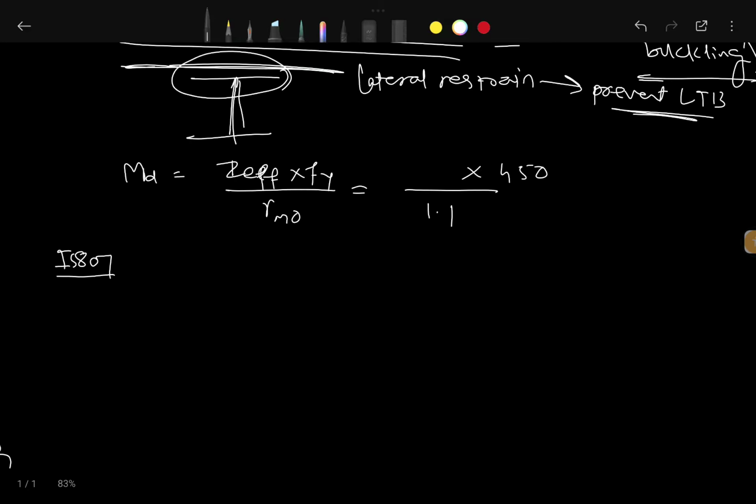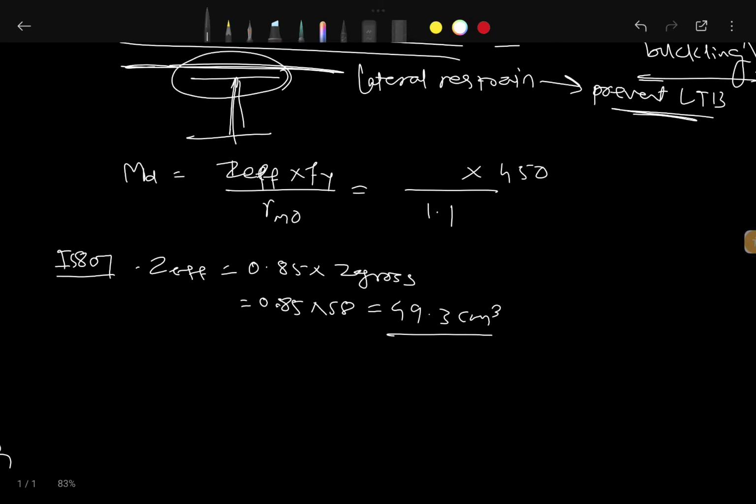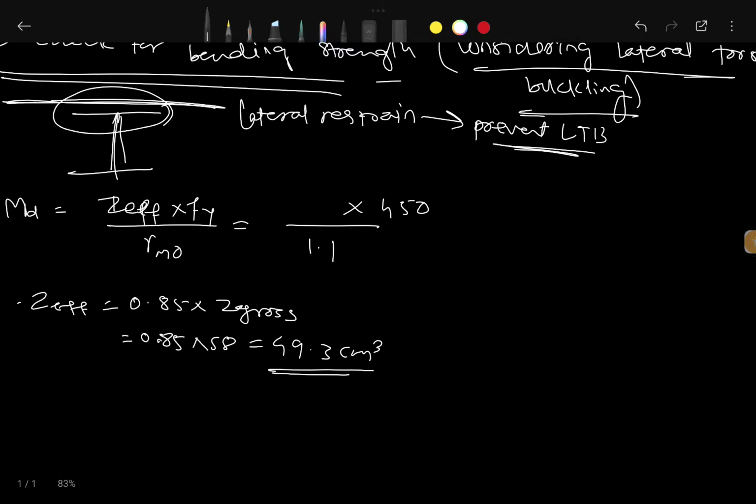For this example, let's assume from detailed calculation Z effective is equal to 0.85 into Z gross. So 0.85 into Z gross, the value will come 49.3 centimeter cube. This value is Z effective.